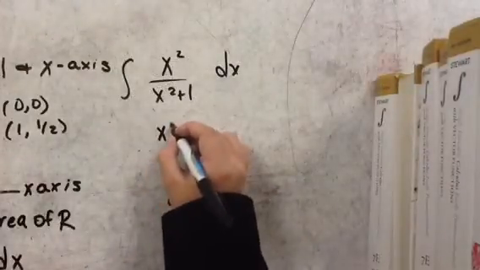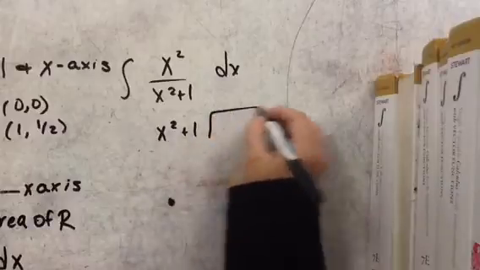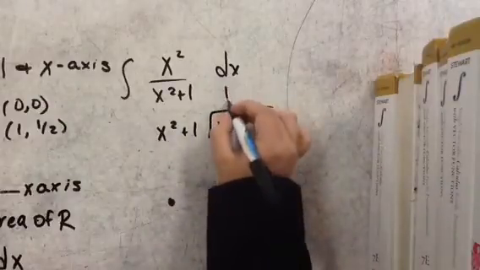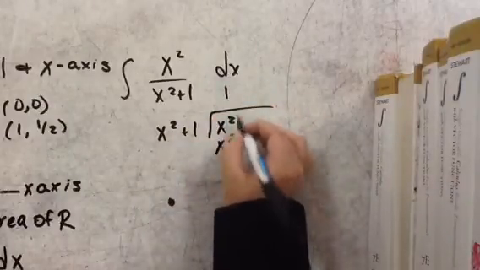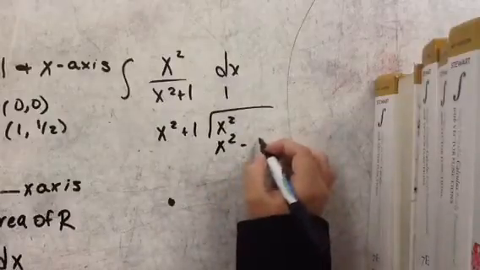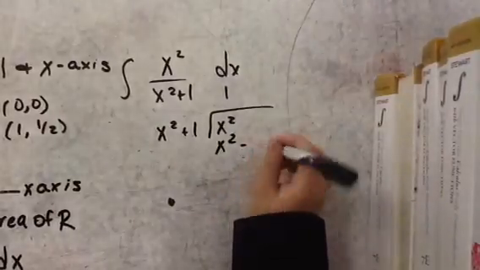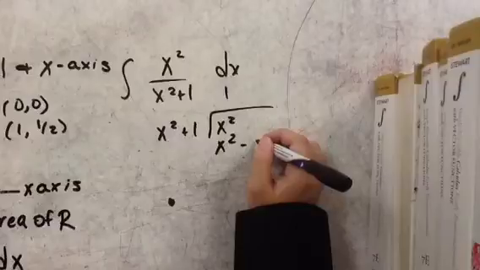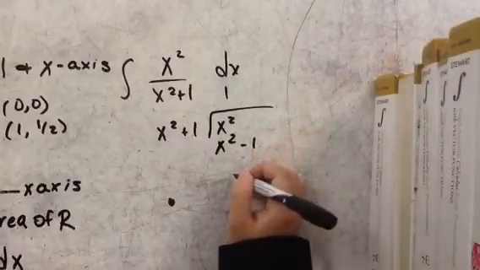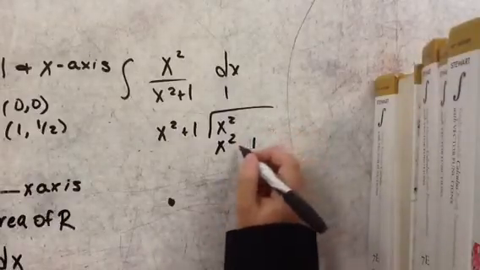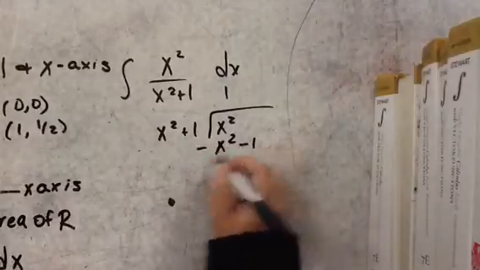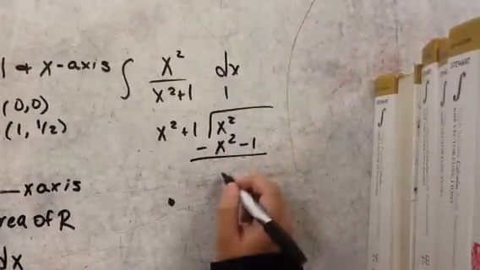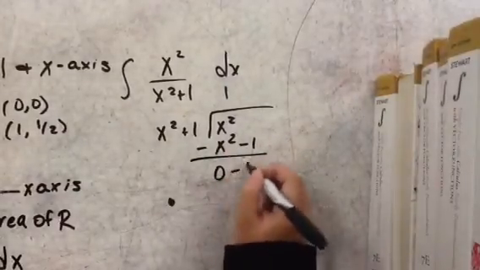Okay, so now we're going to solve this, but to solve this we need to do a long division, so we take the bottom into the top, and that will be -1.